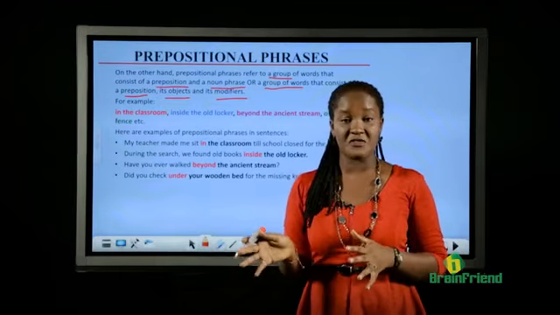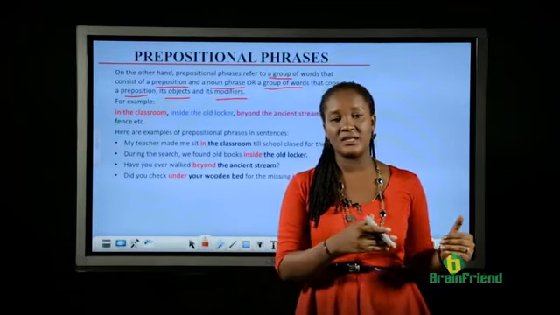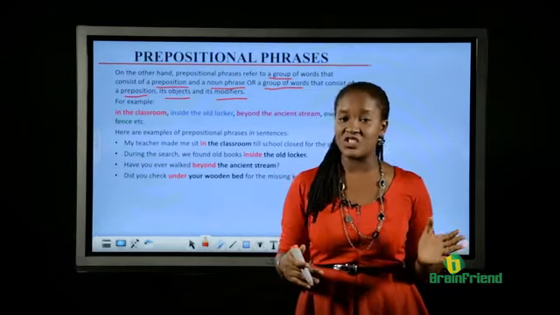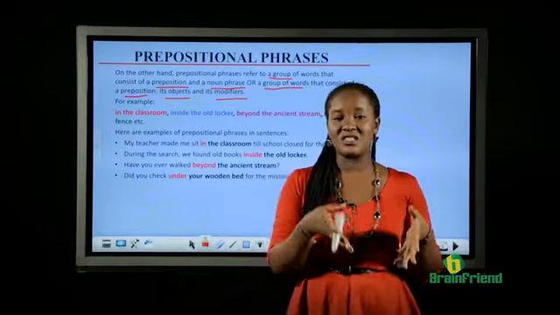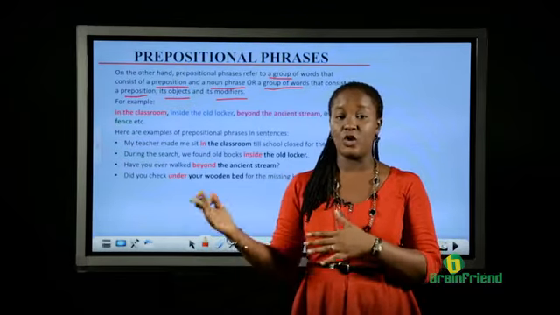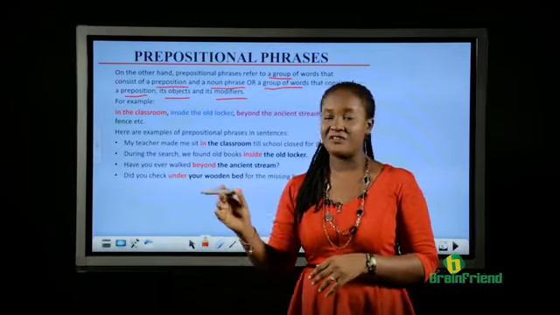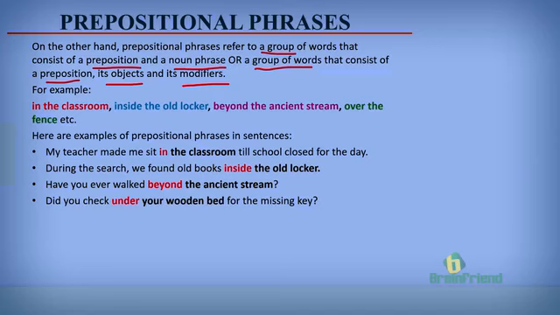So a prepositional phrase refers to a group of words that have a preposition and a noun phrase, or a preposition, a noun or an object, and its modifiers. For example, in the classroom, inside the old locker, beyond the ancient stream, over the fence. These are examples of prepositional phrases.